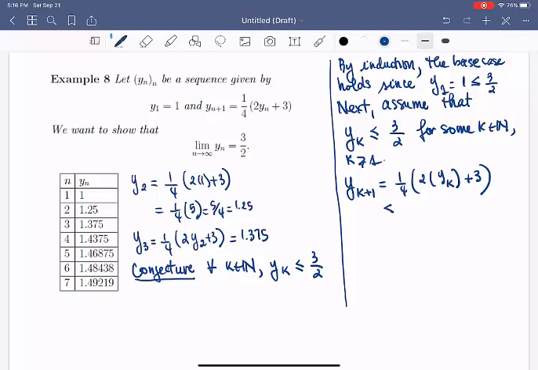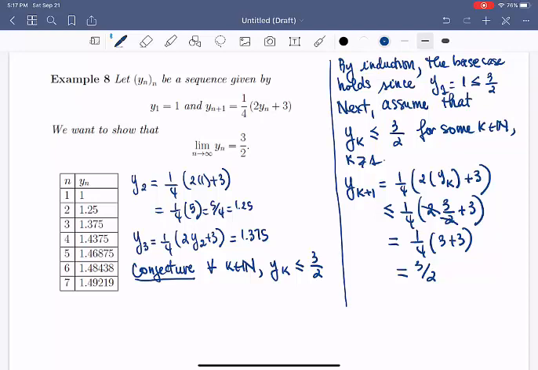But that will be less or equal to 1 over 4 times 2 times 3/2 plus 3. And this is by the inductive hypothesis. Canceling the 3, we get 1 over 4 times 3 plus 3, which is 6 over 4, which is going to be 3/2. So clearly, if y sub k is less or equal to 3/2, then y sub k plus 1 is less or equal to 3/2.